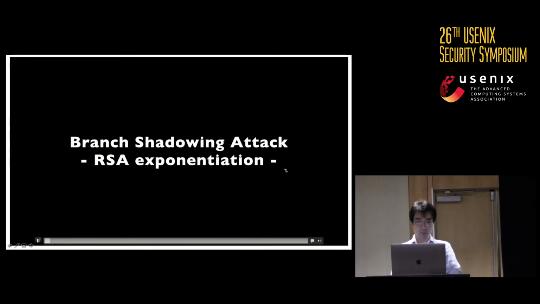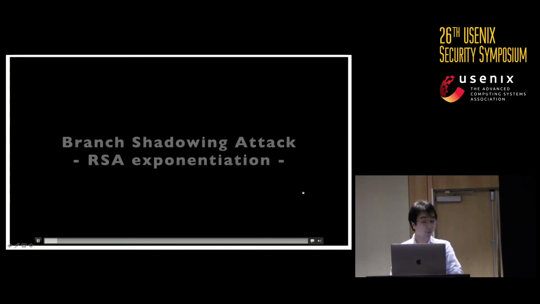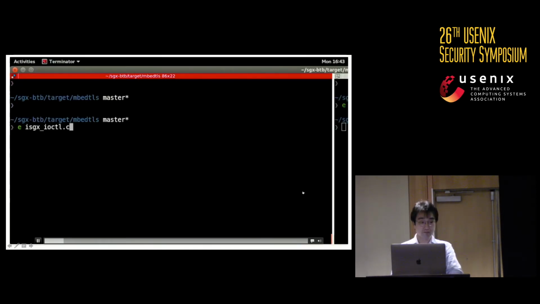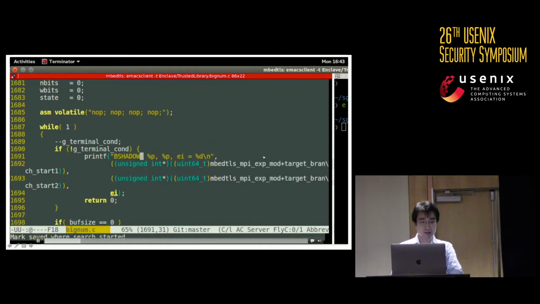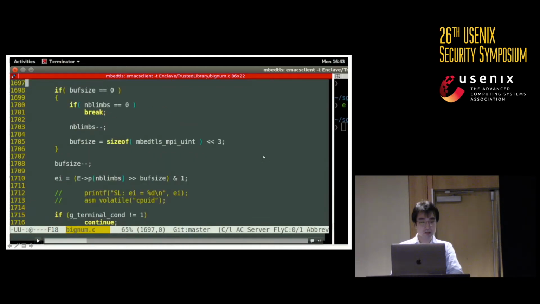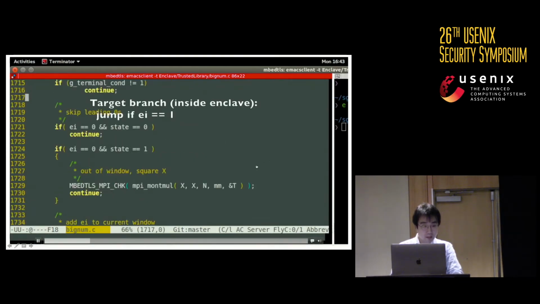Then let me show a short demo of this attack against RSA exponentiation. I first open our target code, and this is the target code that I showed you just before.